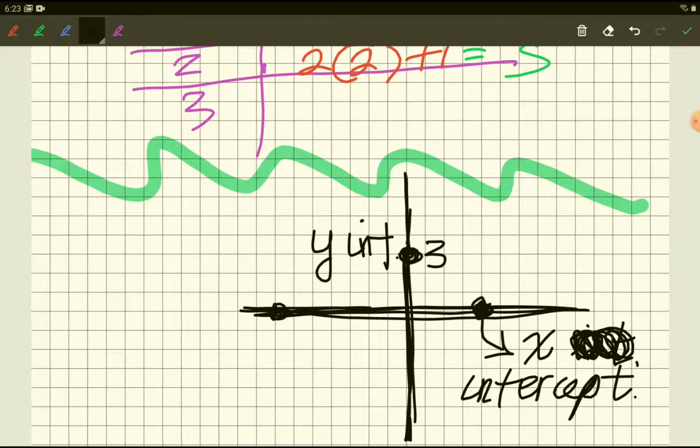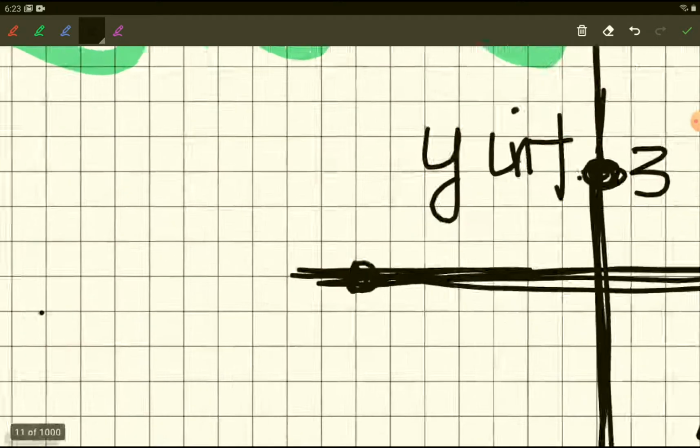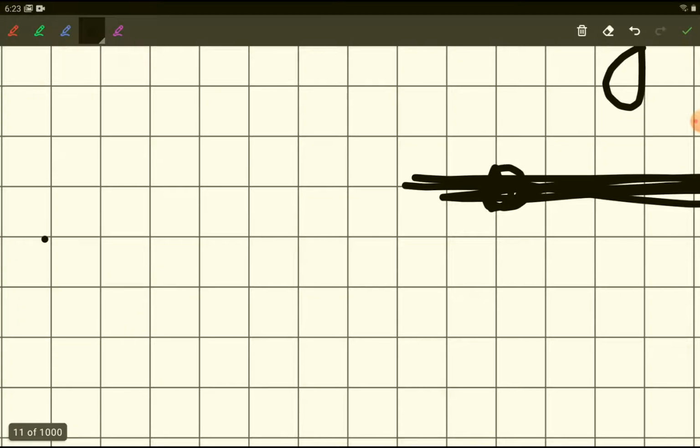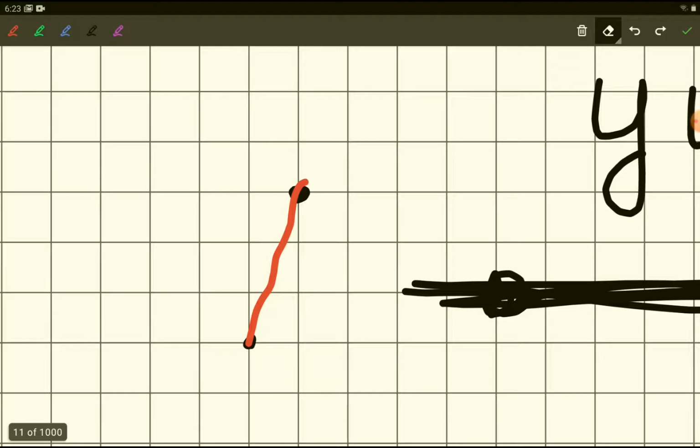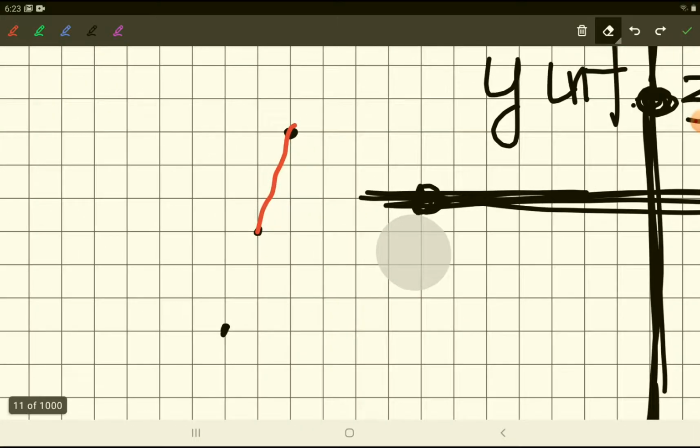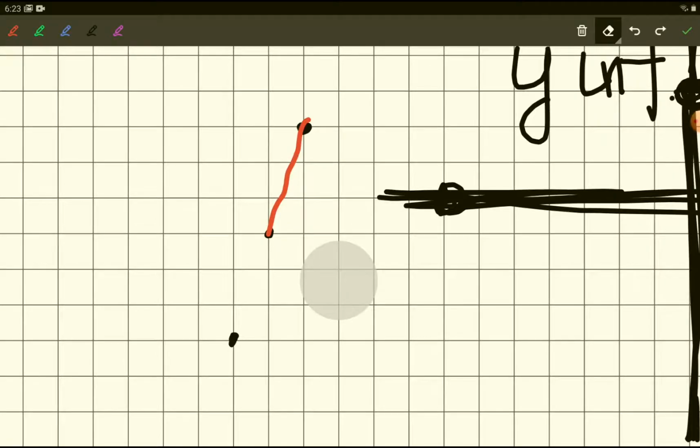All right, and so let's zoom in. So say if I have a line and it goes like that, I can connect the dots. Oh God, that's horrible. Okay, whatever.